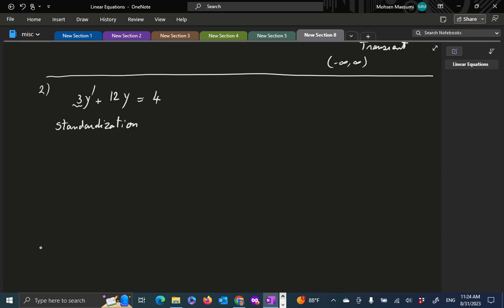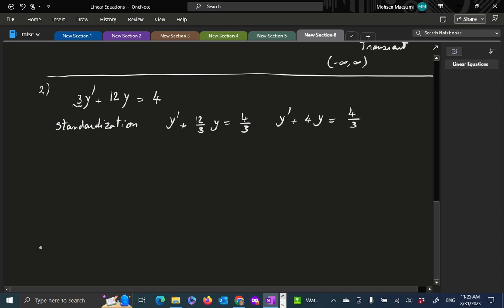Divide by the leading coefficient, so it becomes y prime plus 12 over 3 y is equal to 4 over 3. So y prime plus, well, that's 4y is equal to 4/3.